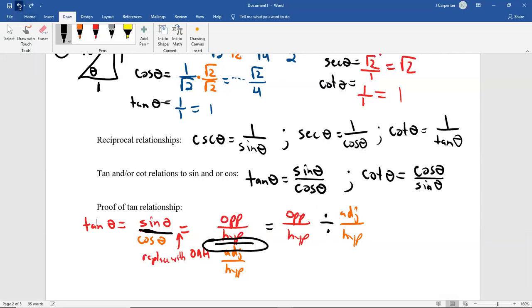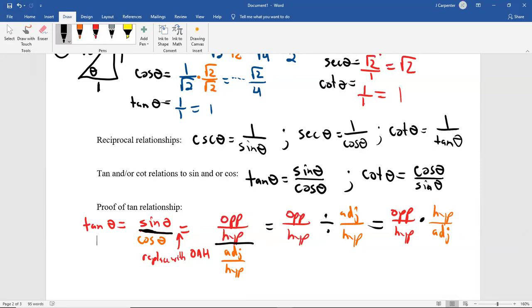Fractions are divisions. But how do we divide fractions? We multiply by reciprocals. So we don't change the red. The first one does not change. And if this is something that you don't remember or are rusty with, guess what I'm going to say? You got to practice, practice, practice, because I already said it's going to be seen all semester long. With the orange, we flip hypotenuse over adjacent.